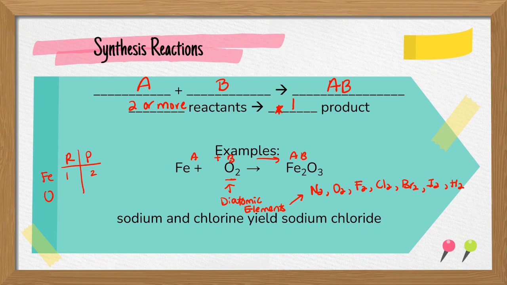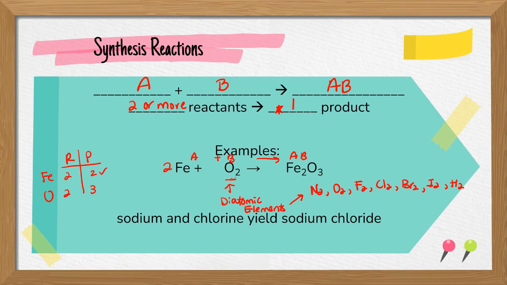When we're balancing, remember you are not allowed to change the subscripts. The subscripts are these little numbers down here, so you can't change those, but you can always add coefficients. So I'm going to put a coefficient of 2 in front of the iron. Now I have 2 irons in the reactants and 2 in the products, so that's balanced. The oxygen, I have 2 right now if I leave the coefficient as a 1, and 3, so that's not balanced.